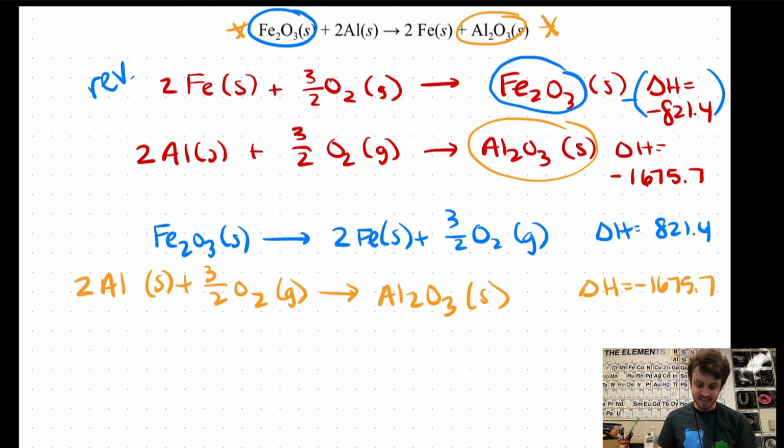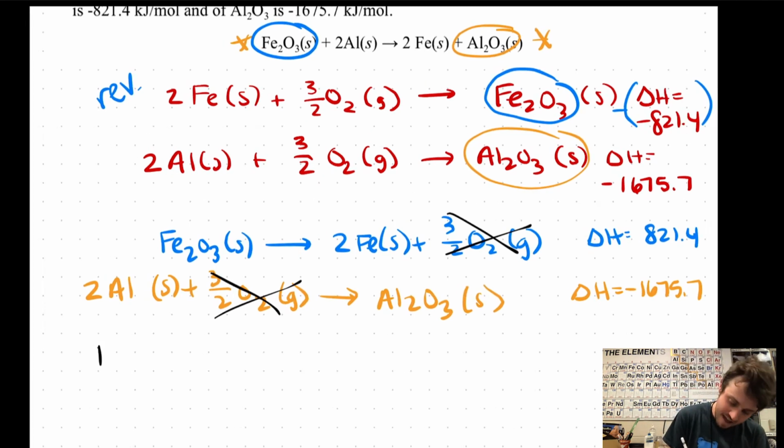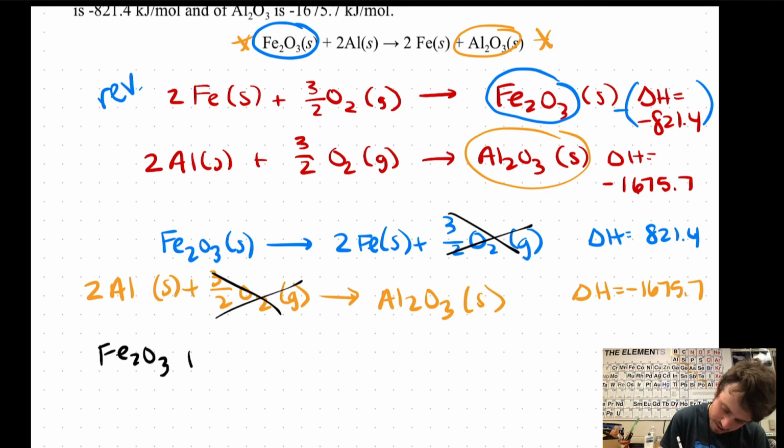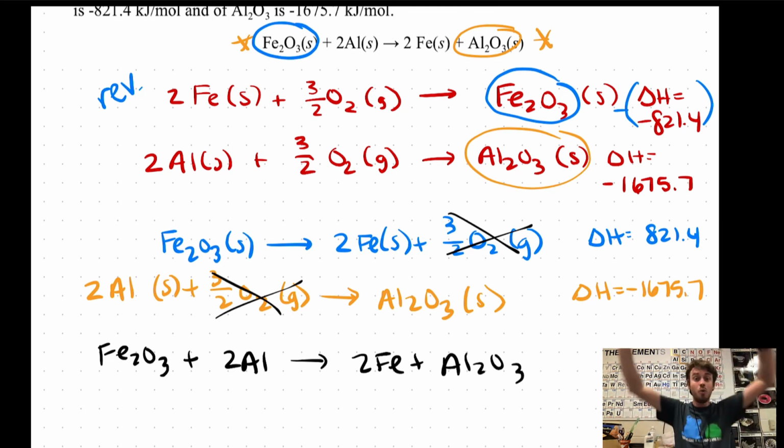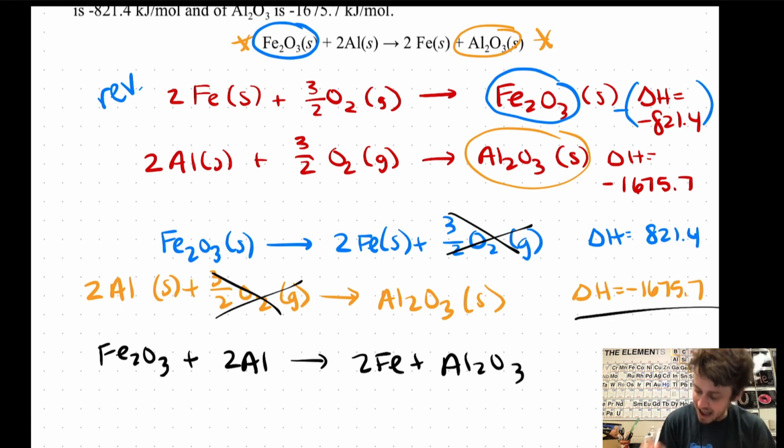Now, what I notice here is that I have 3/2 oxygen on both sides, so those are going to cancel each other out, leaving me with Fe2O3 plus 2Al yields 2Fe plus Al2O3, which is what I want. Right? That is the reaction I'm trying to find the delta H for. So at that point, I would just add these delta H's together, and that would give me my final answer.